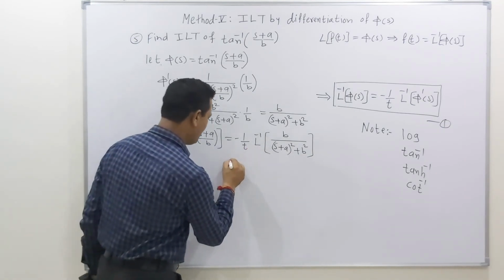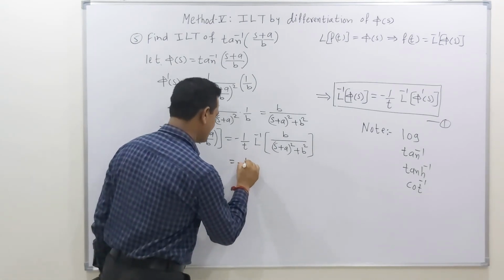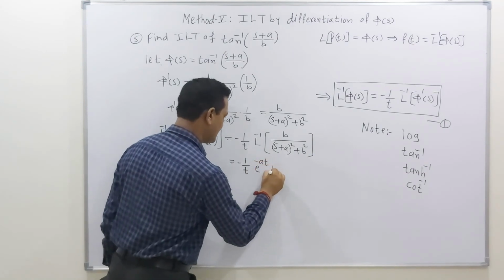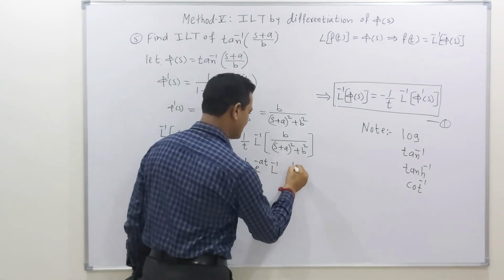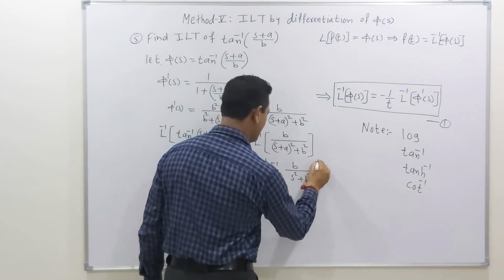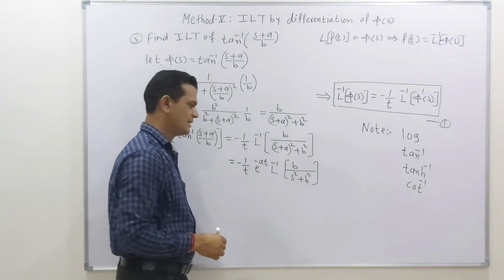Now if we apply the second shifting theorem for inverse Laplace transformation, we get minus 1 upon t e raised to minus at into the inverse Laplace transformation of b upon s square plus b square. This is because of the second shifting theorem.